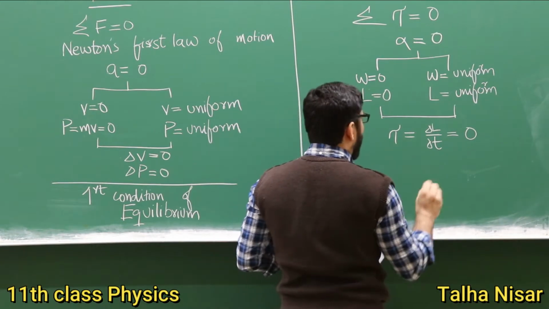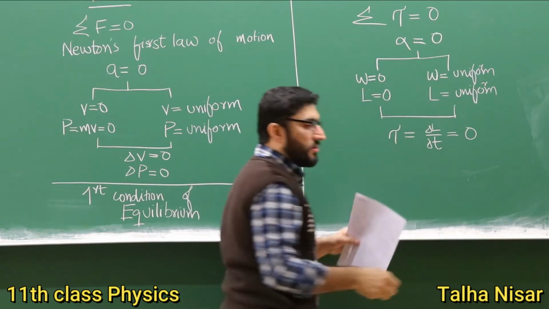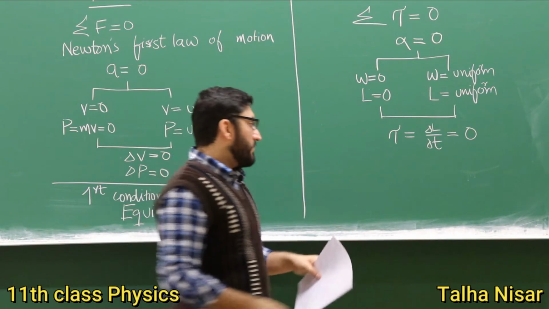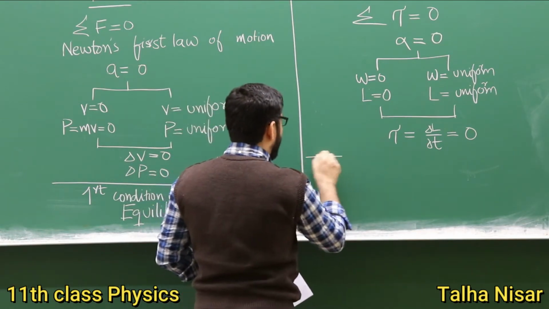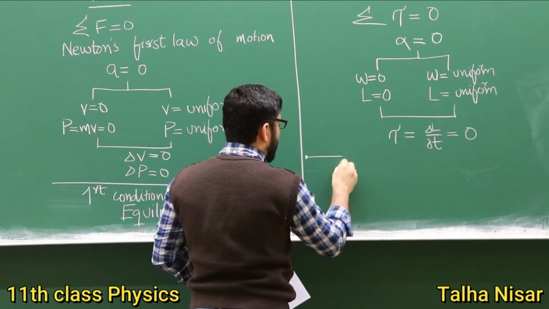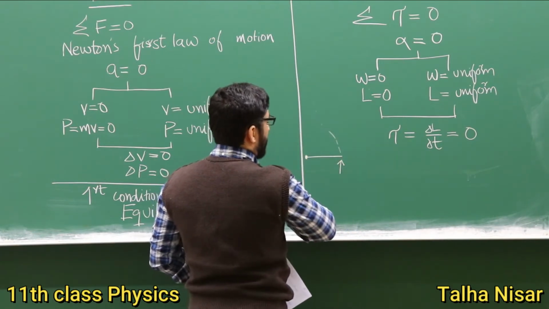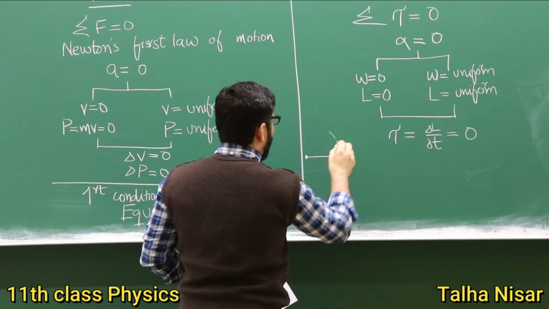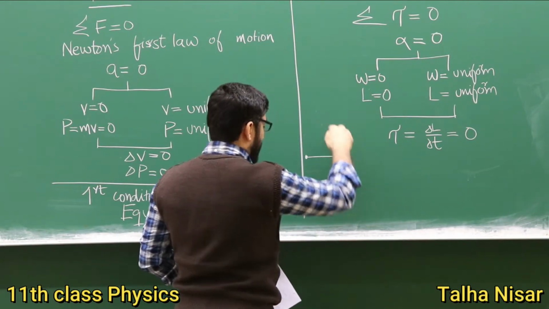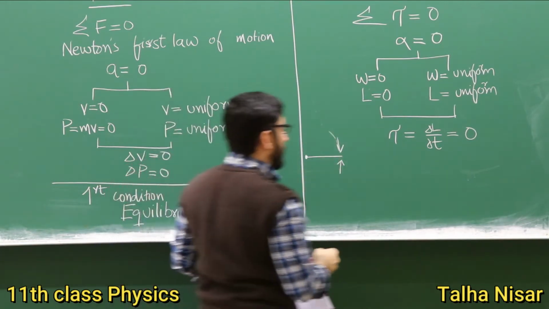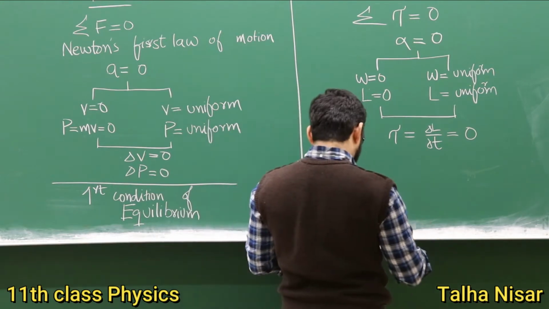So if the net torque is 0, since the torque is talking about the rotation, for example, in the previous lecture we discussed the door. If we apply a force, this will cause an anti-clockwise torque. If we apply a force in this direction, this will cause a clockwise torque.